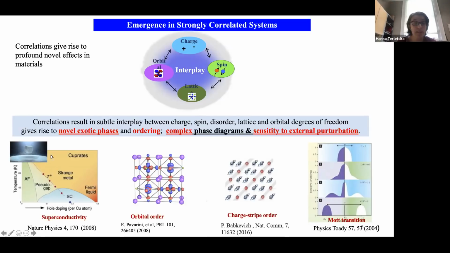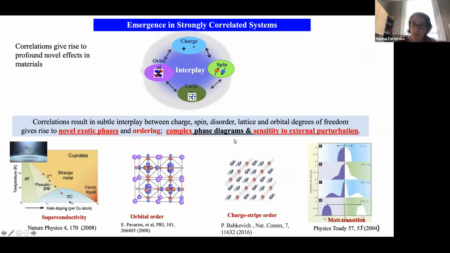One example of this is, of course, superconductivity in high temperature superconductors. It can lead to different types of ordering, for example, orbital ordering, charge ordering, or magnetic ordering. And overall, it can lead to very complex phase diagrams, as exemplified by the phase diagram of cuprates, which has these different colors corresponding to different phases of matter, all right?